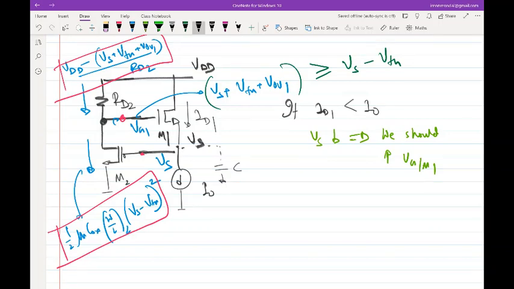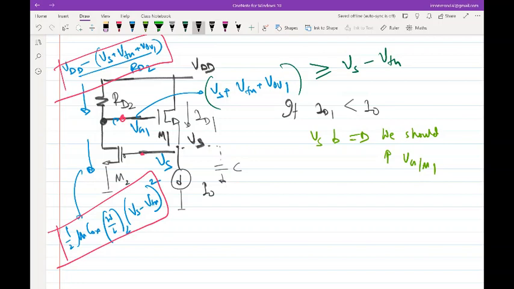We started off saying that the bias is getting set by observing the source voltage and tweaking the gate voltage. But as we pointed out, it seems like both source and gate voltage can change if I change I0, right?